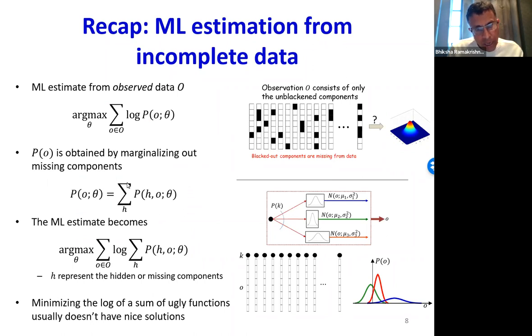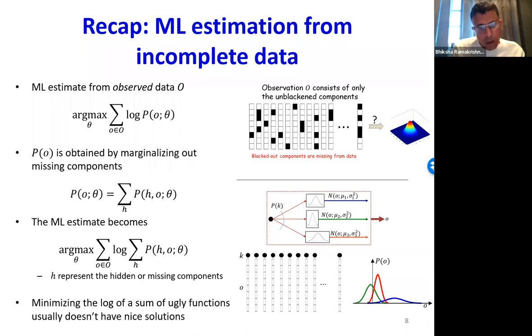And so you can marginalize out by summing out or integrating out H to get P of O. And then the maximum likelihood estimate is simply going to look at the log of P of O, which is basically the sum or the integral over all H, where H is the missing information, the components here or the chosen Gaussian here. So this is going to be the log of the sum over all H of the joint probability of H and O. And this puts us in a situation where the function we are trying to optimize has a summation or an integral inside the log, and that becomes intractable.